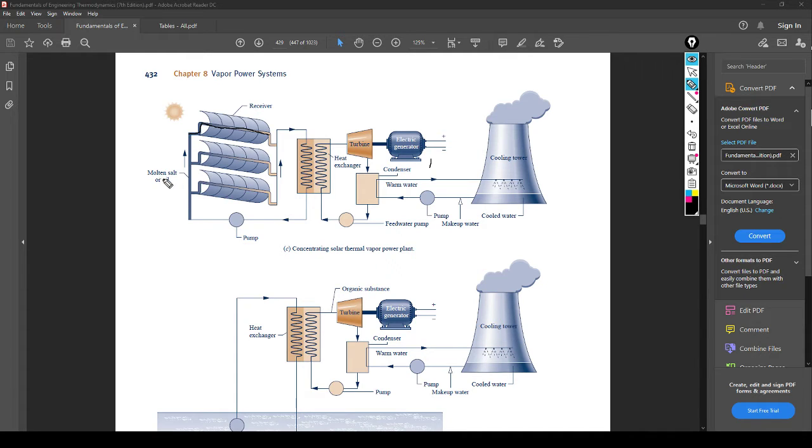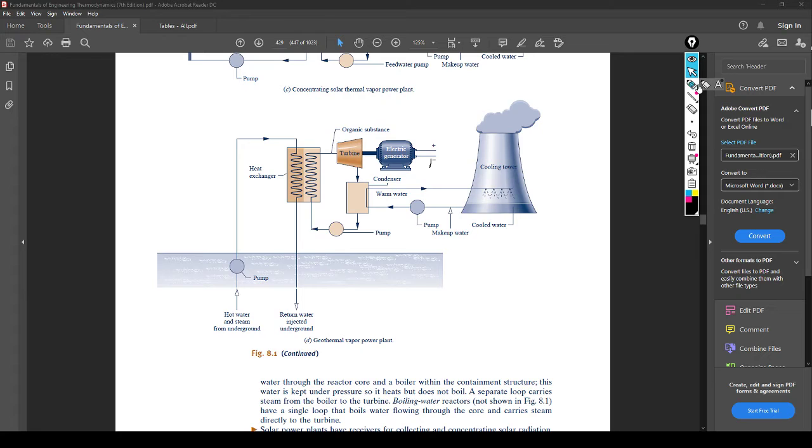I think what they do is they take a molten salt or an oil that has high specific heat, probably, and heat it up, and then they run it in tandem over here with the water, so it heats it up. So the difference between these, as I said before, is the heating of the fluid. It's how you heat the fluid.